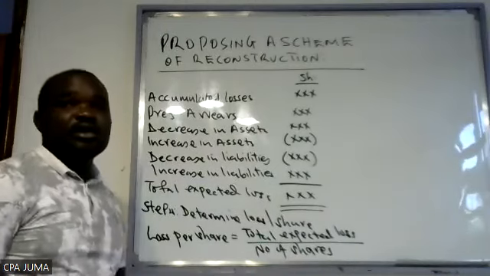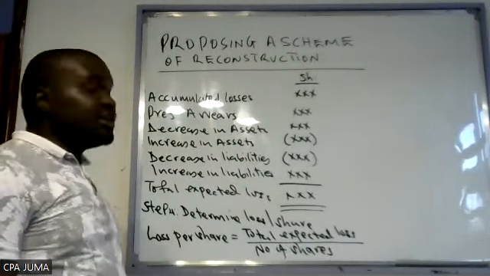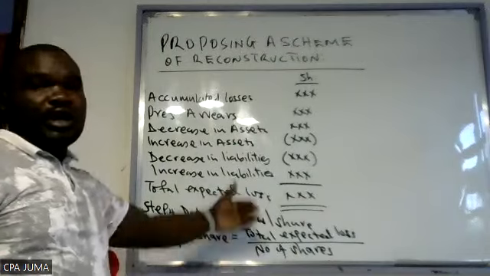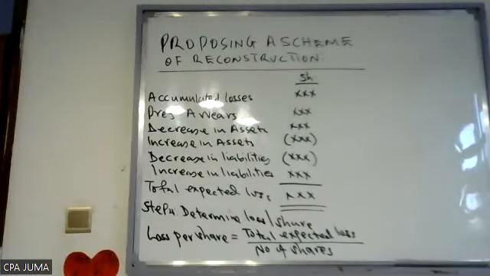So number of shares, it will depend with which shares we're dealing with. If it is preference, you divide by the number of preference shares, ordinary with ordinary. We'll check that when we're doing the question.